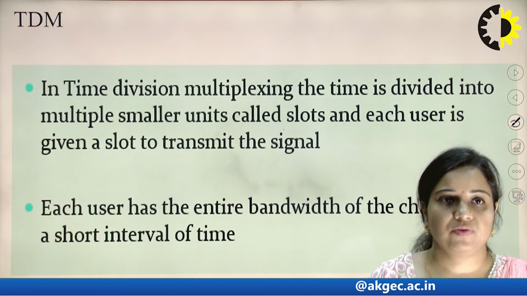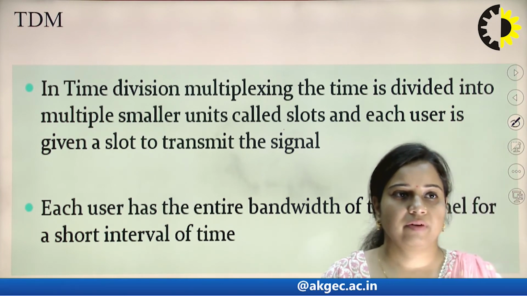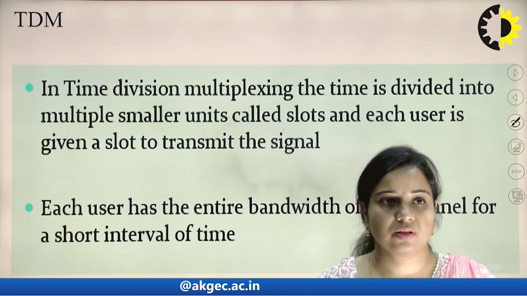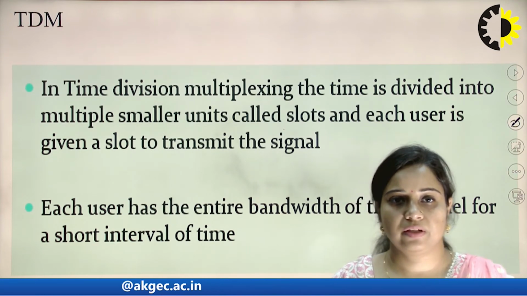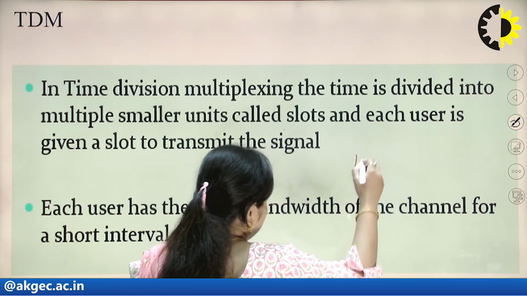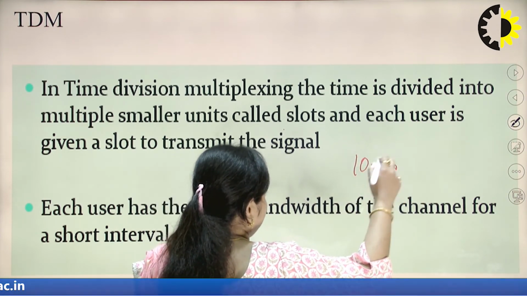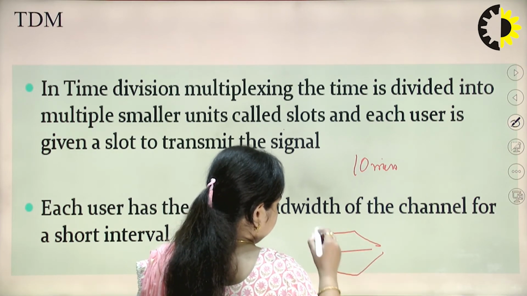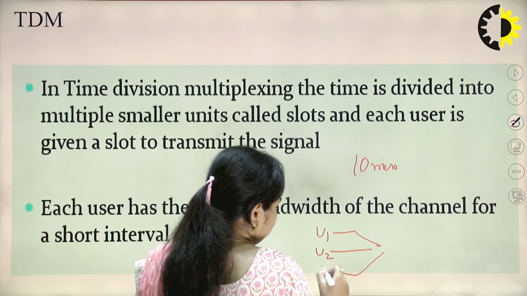So in time division multiplexing, the time is divided into multiple smaller units called slots, and each user is given a slot to transmit the signal. So this is how we are going to allocate. Let's say I have 10 minutes of time for transmitting the information. So this is user 1, this is user 2, this is user 3.